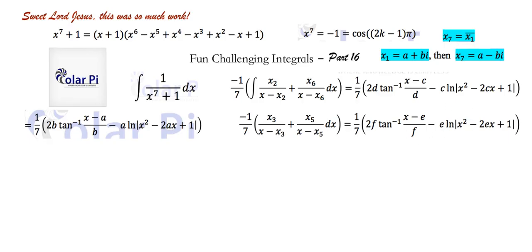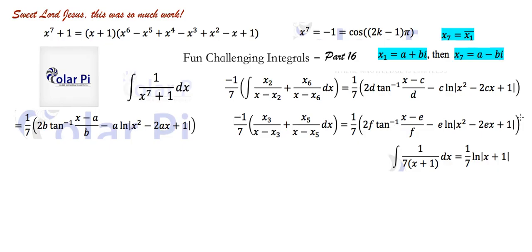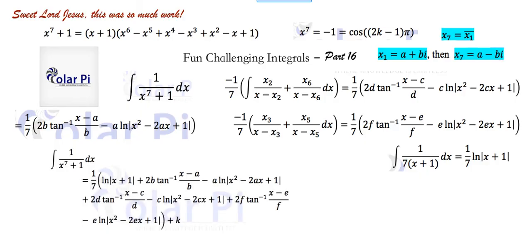And so if we also remember that we had that middle guy whose integral is going to turn out to be this, then we've got everything we need to finally finish. And so our final answer is going to be this, which is basically the sum of the 3 pairs of integrals we worked on, and then plus this guy. And finally, I wrote a plus k in case you cared about the constant.